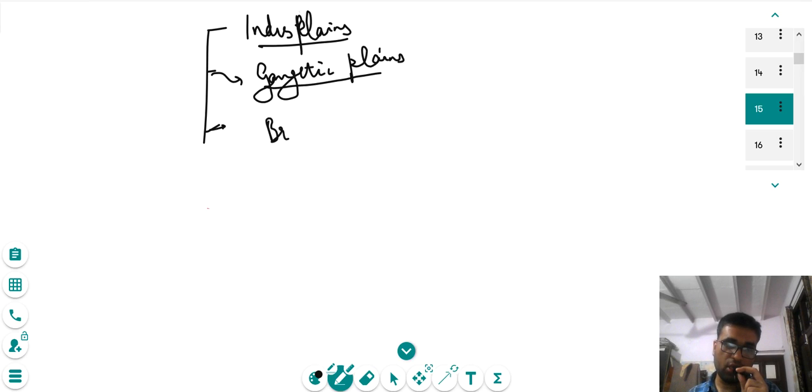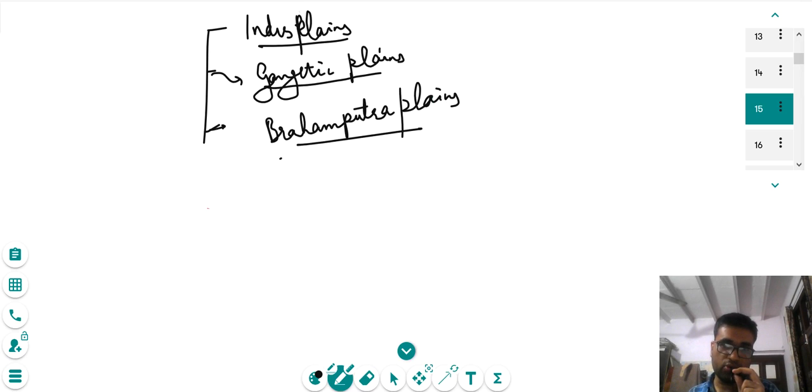And the last one is the Brahmaputra plains, the plains which are formed by river Brahmaputra. Okay, mainly the Assam plains basically, इसके अंदर we will do Assam plains in this.